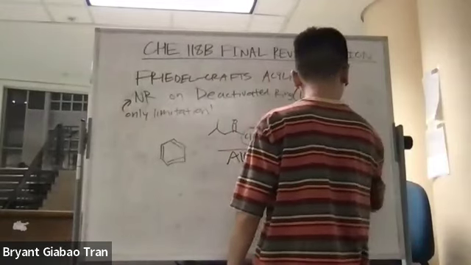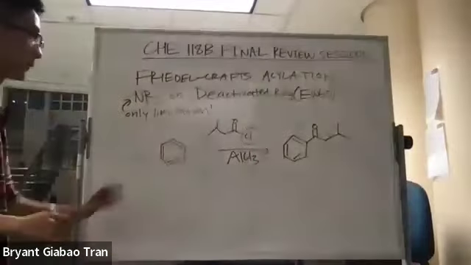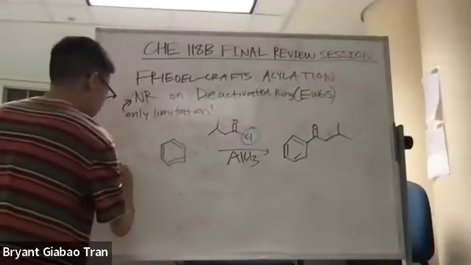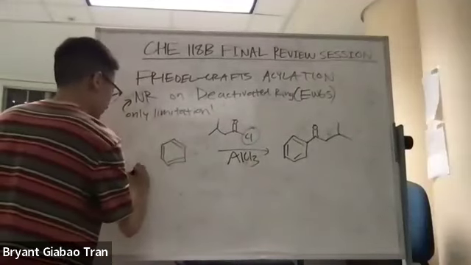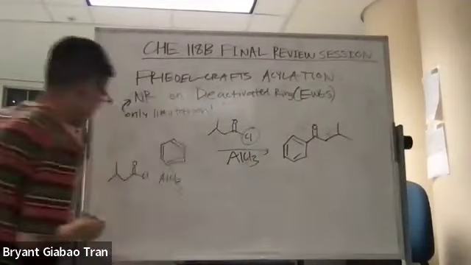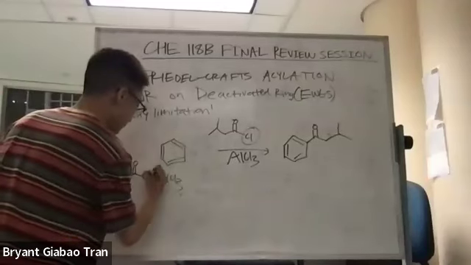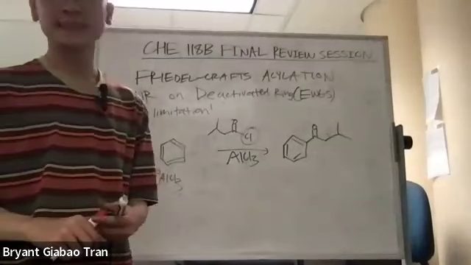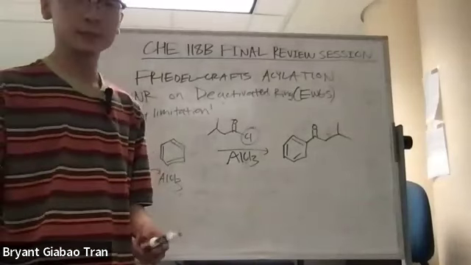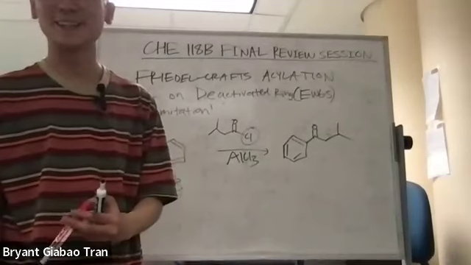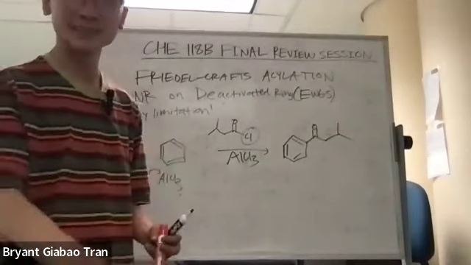So the first step of the mechanism is to make a good leaving group by having that chlorine attack the metal catalyst, AlCl3. It's helpful to know the general mechanism of these EAS reactions, where the benzene will first attack a good electrophile, and then that breaks the aromaticity, leaving a positive charge on the benzene ring.